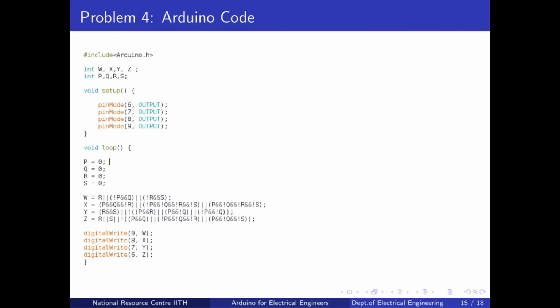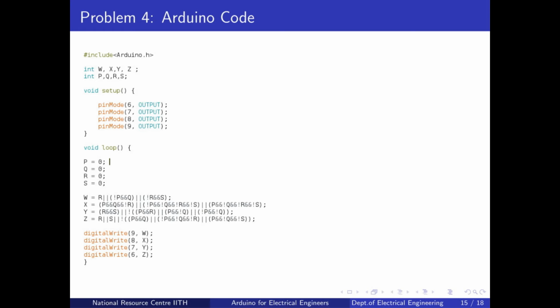So here is the Arduino code. We have 8 variables. Among them 4 are output variables and 4 are input variables. So we need 4 output pins, and they are 6, 7, 8, 9. In void loop we have input variables P, Q, R, S. We will be changing them as usual and dumping the code.